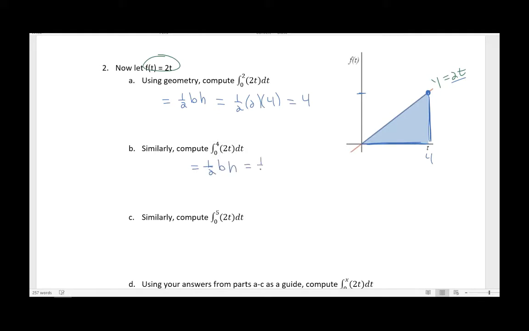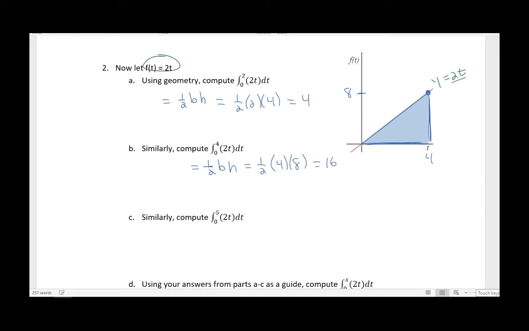And we have 1/2. What's the base? Well, the base is from 0 to 4. And what is the height? So I'm going to take 4, plug it into this equation. 2 times 4 is 8. So I'm going to get 16 as the end result.